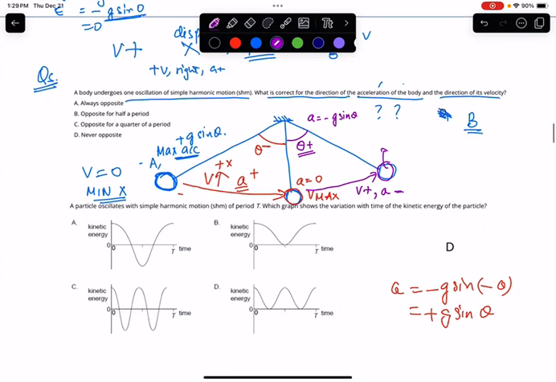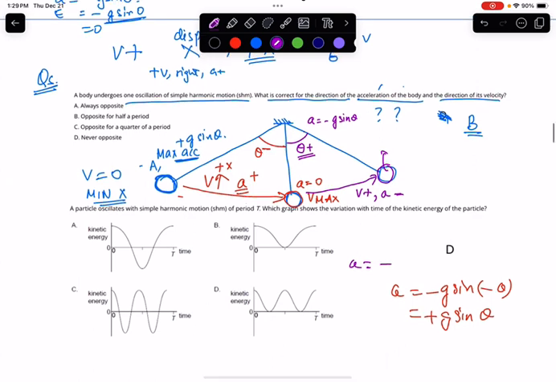But when you enter the purple region, the acceleration becomes negative g sine of positive theta, and so the acceleration becomes negative in the purple region. Okay? So that is the main idea over here.